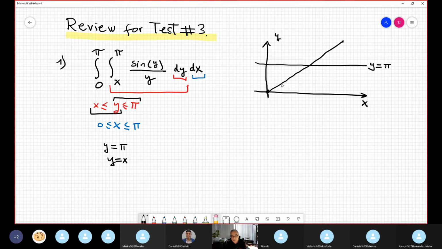We set this point. Therefore, this famous point maybe is also pi because it's y equal pi, no? So the intersecting point between these lines is the famous point pi. So this x value is pi, this y value is pi also.